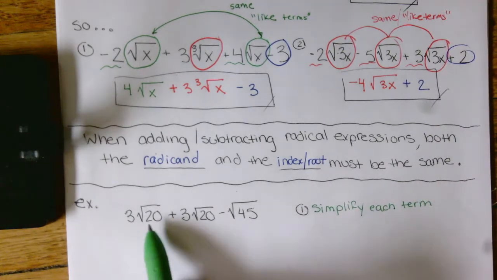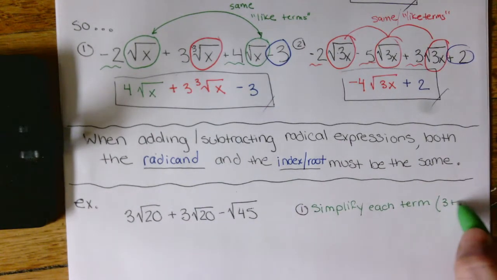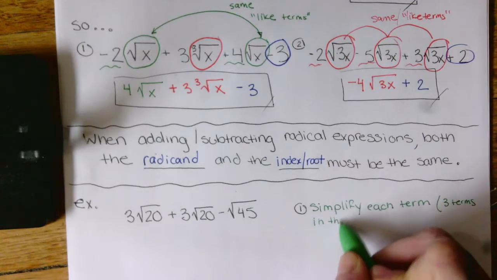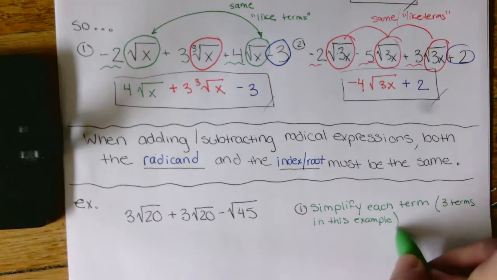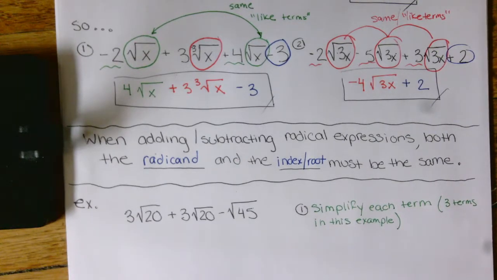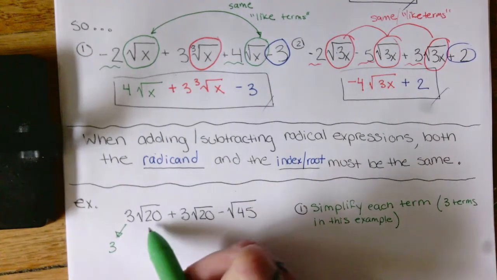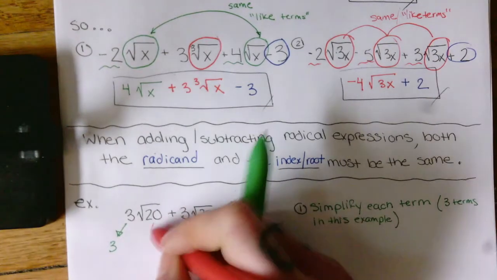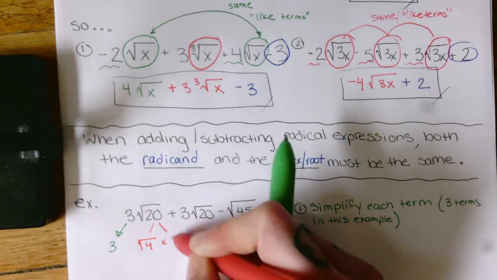Okay, so 1, 2, 3 terms here. 3 terms in this example, just in case we forget. Okay, so 3. We're going to keep this as 3. Square root of 20. Now, hang on a second. This one has some factors that are perfect squares.